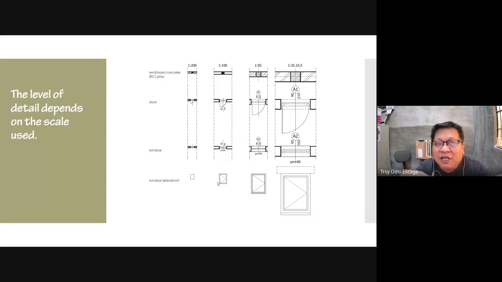And unfortunately, most of the AutoCAD users do not bother. So they end up doing it manually, like making two drawings, one small or detailed, one not. So it's very inefficient. You have to learn how to use CAD properly so that everything is really efficient.